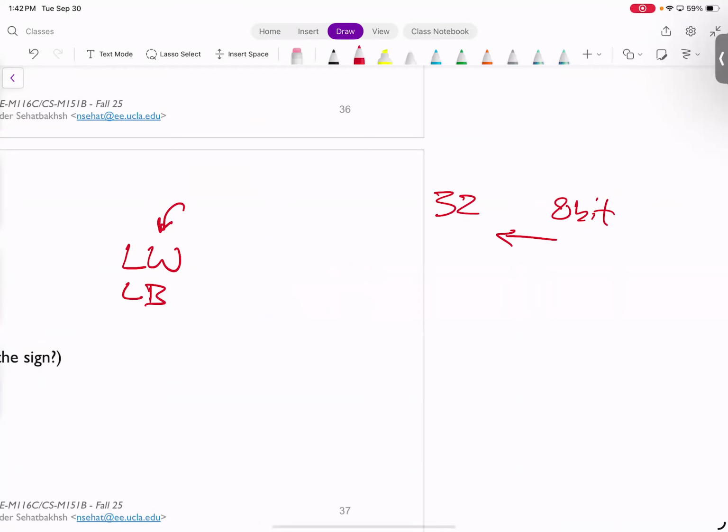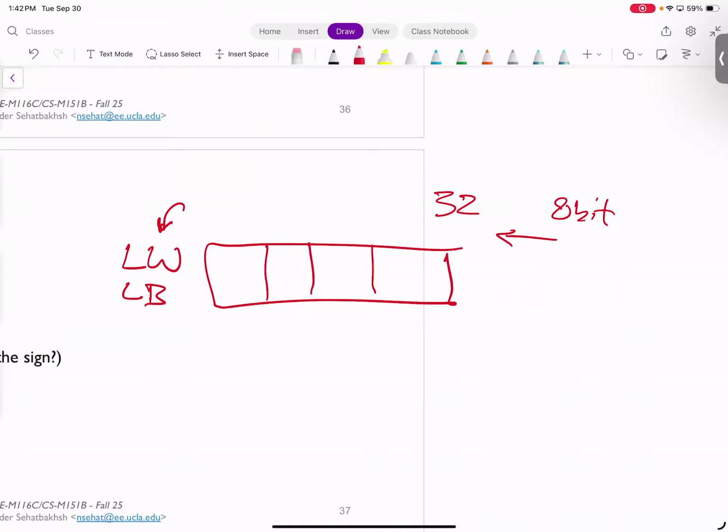So, for example, let's say I have a 32-bit register. This is the first byte, second byte, third byte, and I only want to fill the first byte. So now the question is, what do I do with the other 3 bytes? Do I leave them at 0? Do I sign extend the first byte and then store it in the other 3 bytes? That's where you can tell which one you want to use.